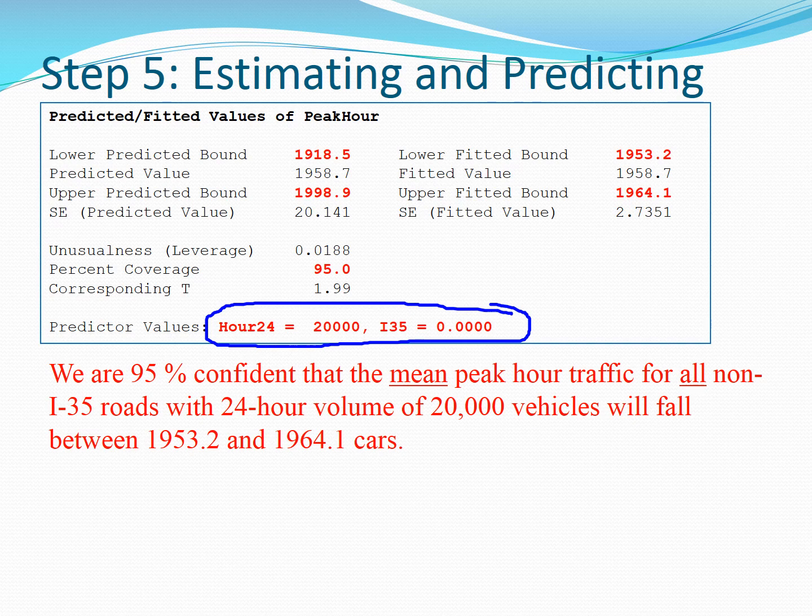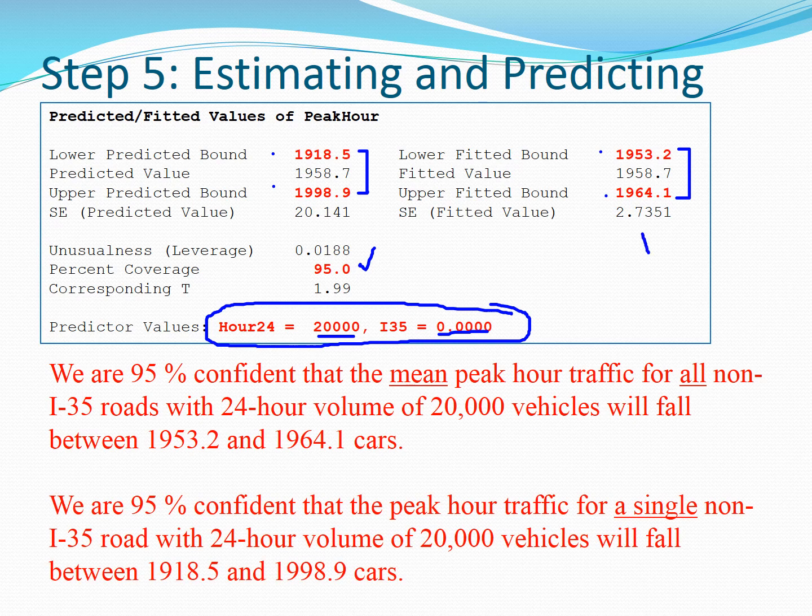If the 24-hour volume is 20,000 vehicles, and the I-35 yes/no is 0, I came up with a 95% prediction interval. I could change that number, but I generally leave that. When I say I, I'm being generous there. Statistics did that for Y. And again, the fitted value is for E of Y. I want you to be able to interpret these confidence interval endpoints. Can you do it?